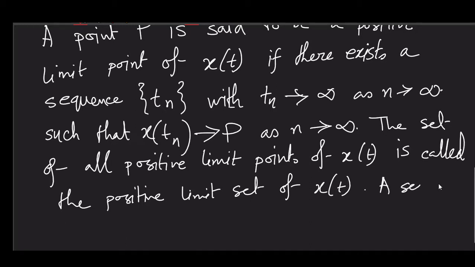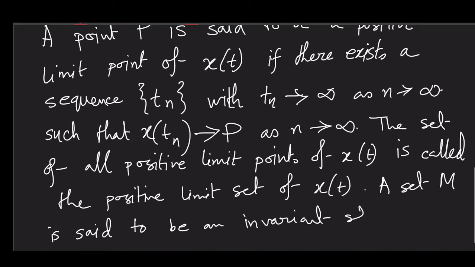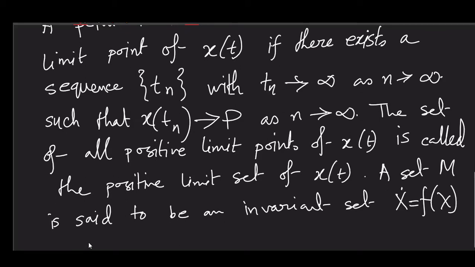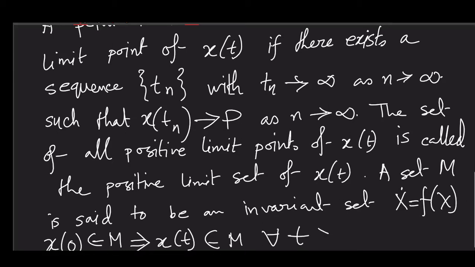Now a set capital M is said to be an invariant set for the autonomous system x dot is equal to f of x if x0 belongs to M implies x(t) belongs to M for all t belonging to R. Sorry, all t.